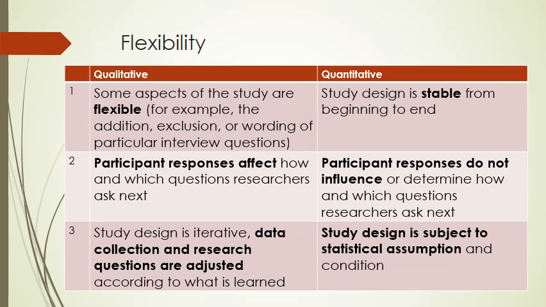And also in the qualitative research, the data collection and research questions can be adjusted according to what is found in the field. But in quantitative research, study design is subject to statistical assumption. It is a rigid research process in quantitative method.